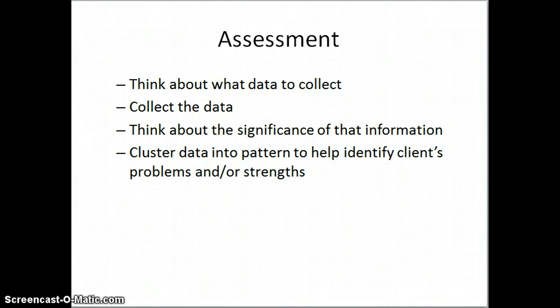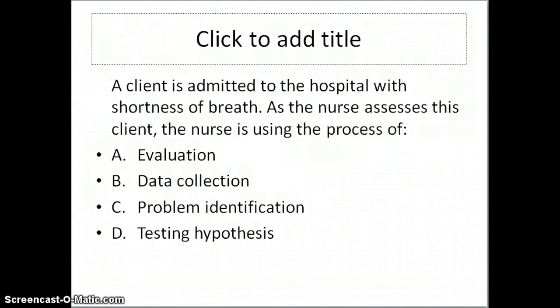We want to do it in a very organized way of getting a health history, and then perform that head to toe or that physical examination, getting all of the things that we need, including medical records, our laboratory values that have been drawn, any other diagnostic tests. So a typical question might be, a client is admitted to the hospital with shortness of breath.